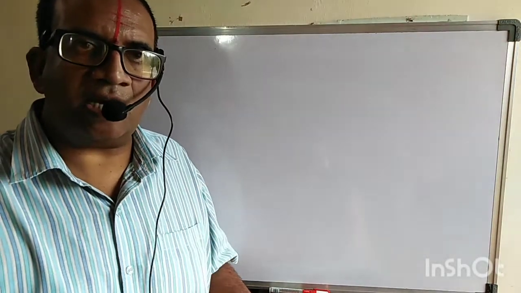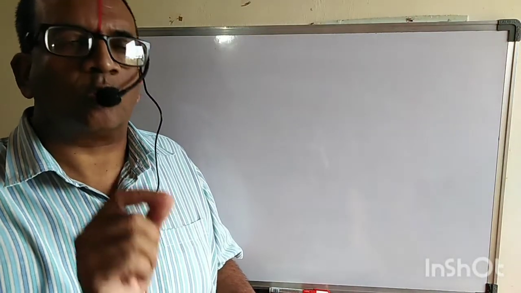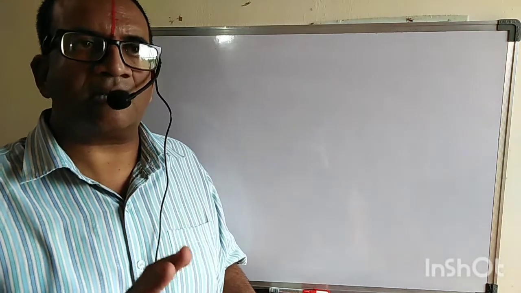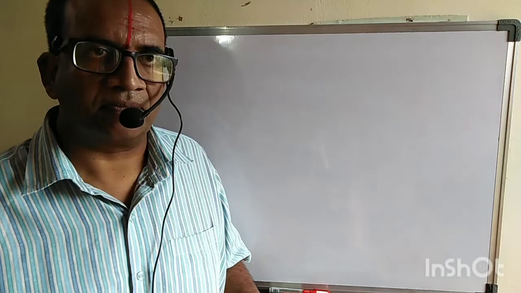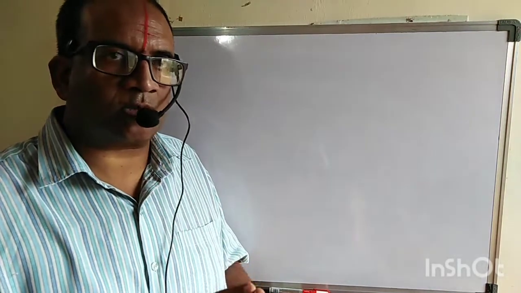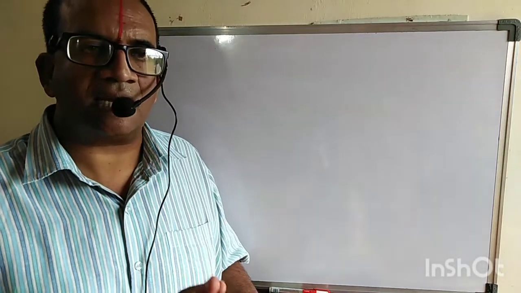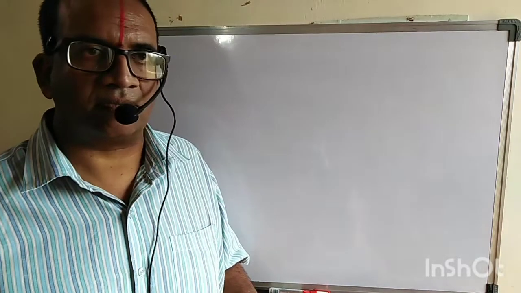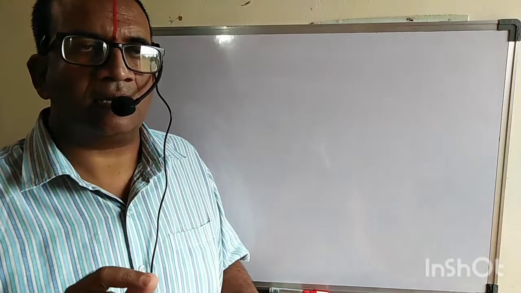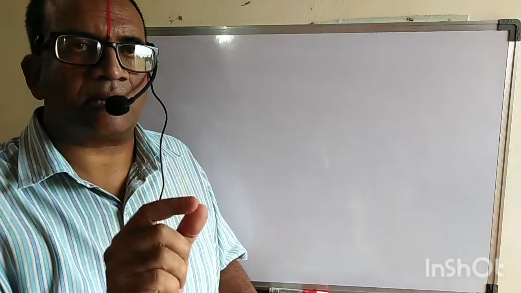In the second video I discussed Coulomb's law. What is Coulomb's law? It's the force between two charges. The force is directly proportional to the product of the charges and inversely proportional to the square of the distance, and we got F equals K Q1 Q2 by R square, where the K value depends upon the medium.